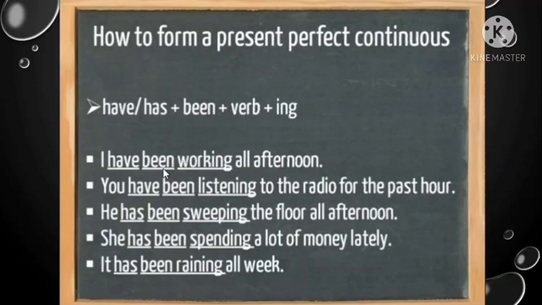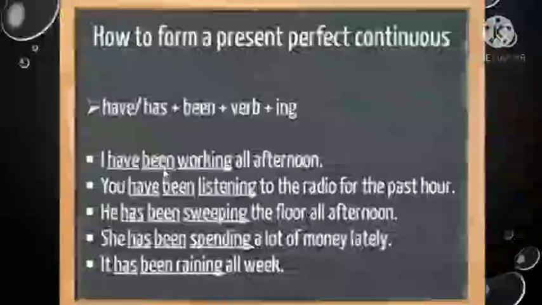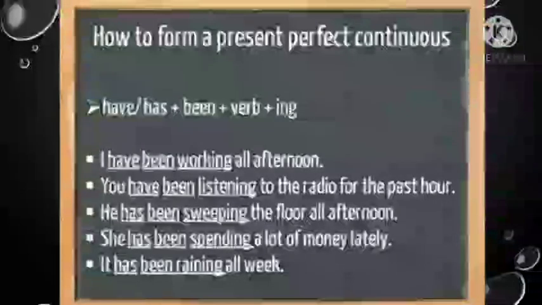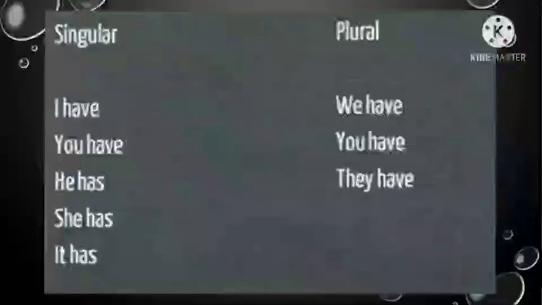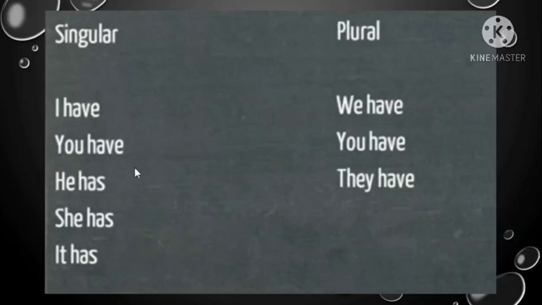Some of you are still confused with the use of have and has. So here once again I'm trying to make you understand when you have to use has and when you have to use have. See, with the singular subject we use has. For example, he has, she has, it has. Except I and you. With the subject I and you have to use have.